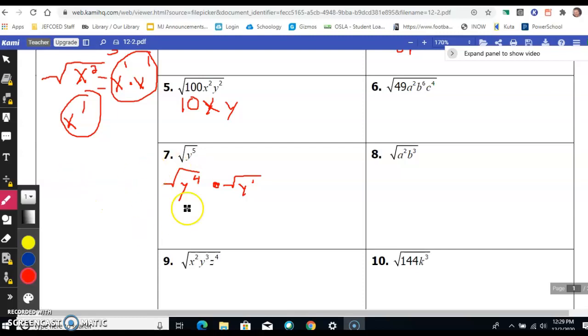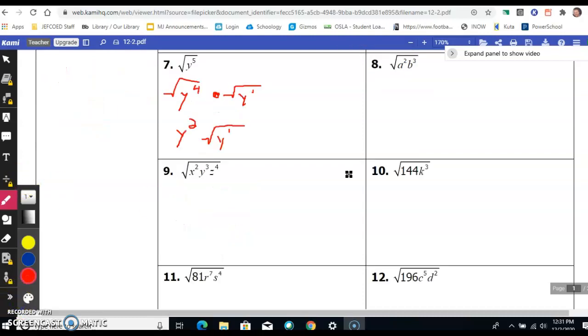So here, can we take the square root of y to the 4th? Yep, it's simply going to be y squared. Now, everything that we cannot take the square root of simply comes right down below it, and we end up with y to the 1, or simply just y.